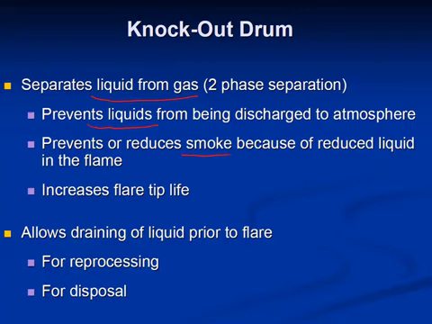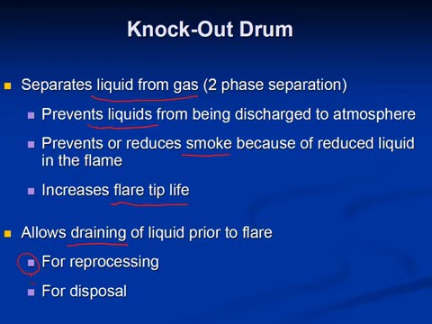So if we have less liquid in the flare, we have less corrosion, we have less damage to the flare tip, so the flare tip life will be longer. And so by using a knockout drum, we will drain the liquid before sending the gas to the flare.